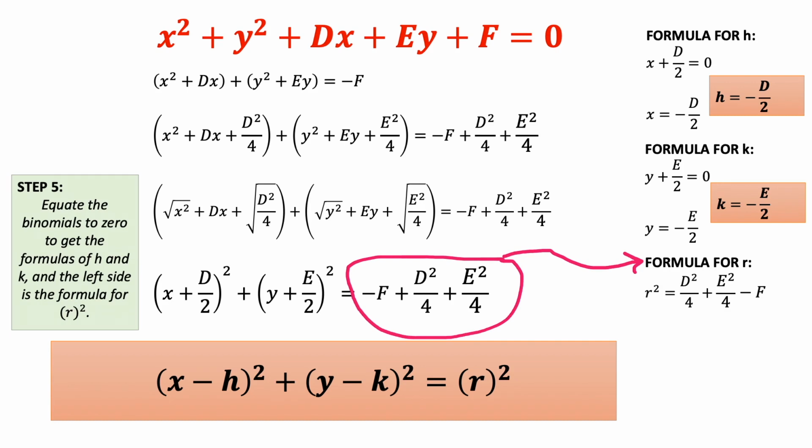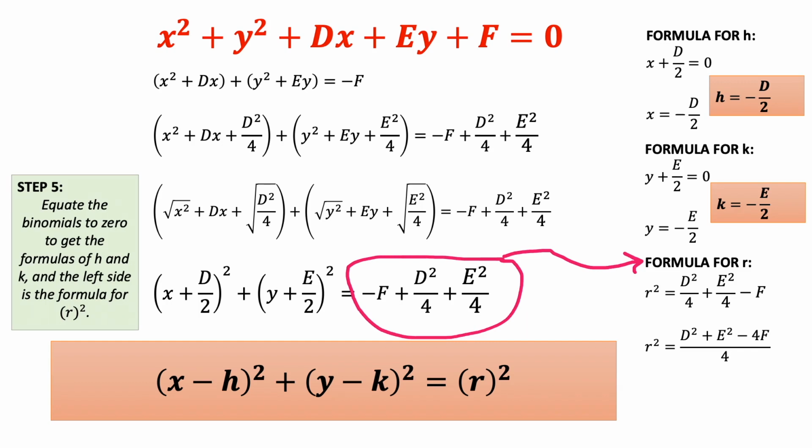I can further simplify this because I know that their lowest common denominator is 4. Therefore, this will give me d squared plus e squared minus 4f all over 4.